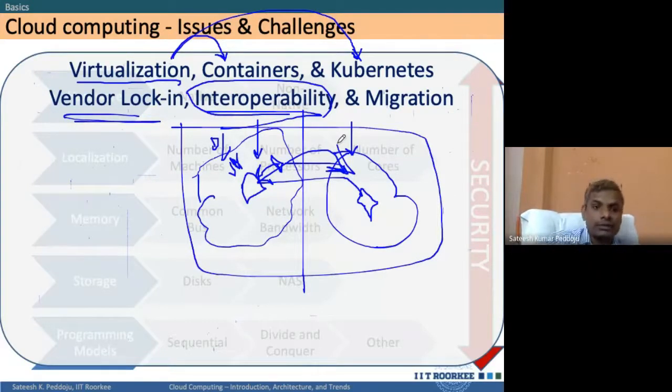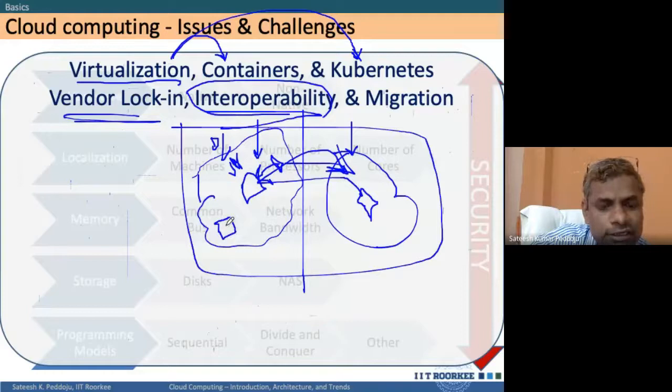Some other times, an application is running here, and I want to save energy, so I want to shut this machine down because only one application is running on it, whereas this other server has some space to run one more application and is underutilized.